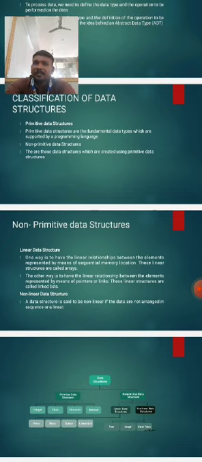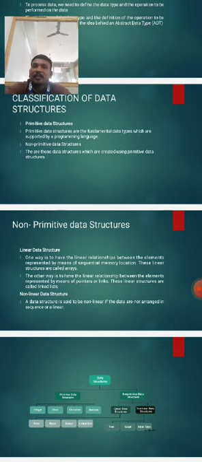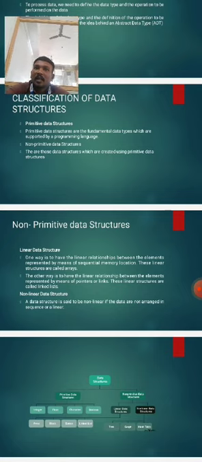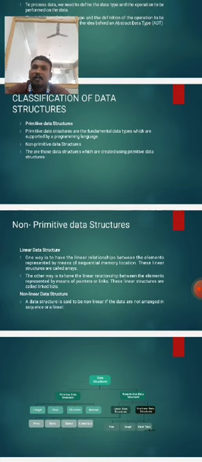The first is sequential memory allocation, where the linear relationship between elements is represented by sequential memory locations. The other way is where the linear relationship between elements is represented by pointers or links. A pointer is the address of another variable. Pointers are used to connect one node to another node in a linked list.